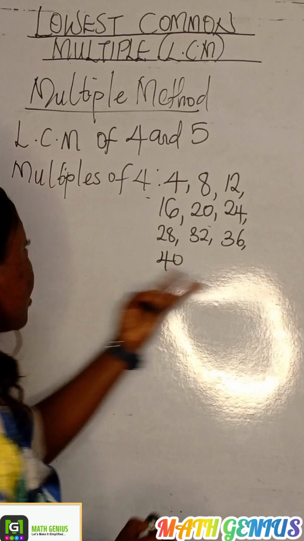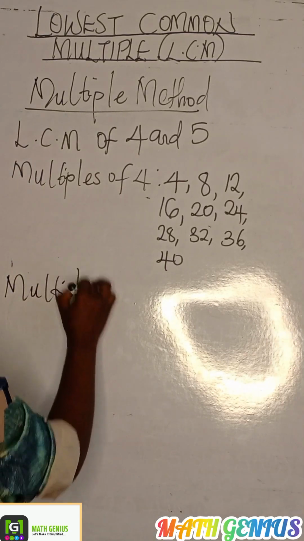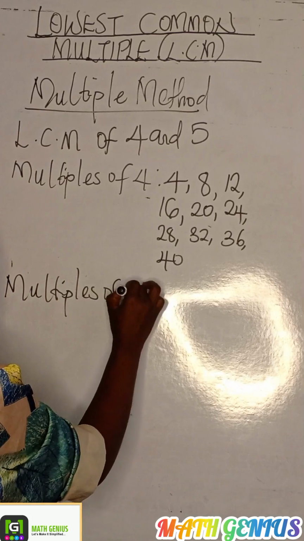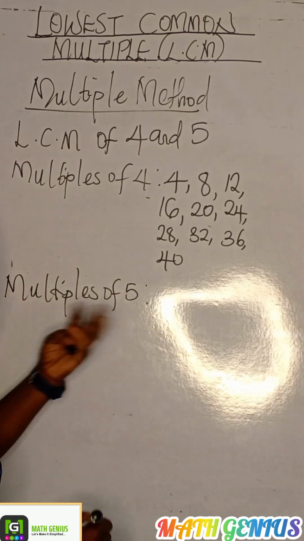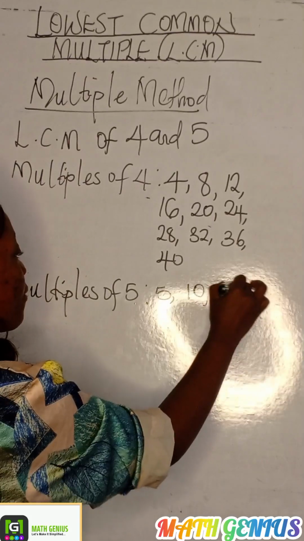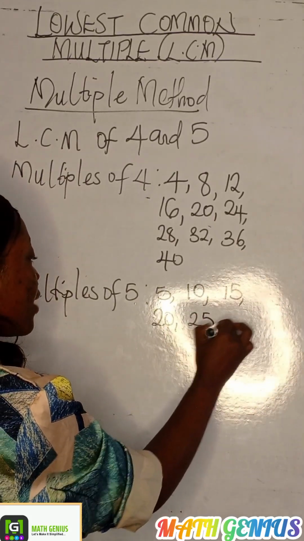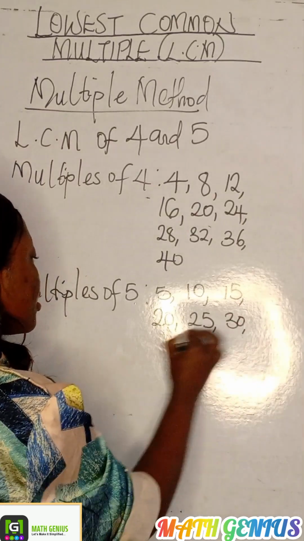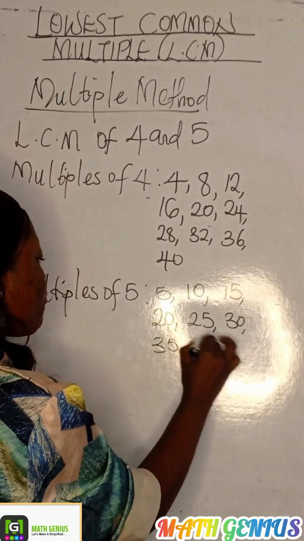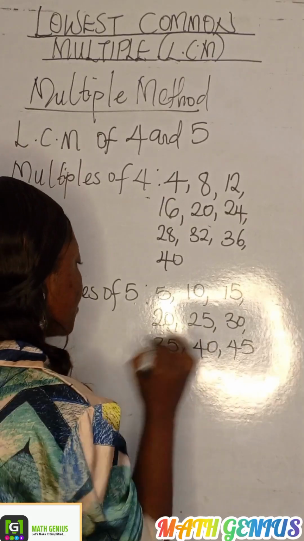We do the same thing for the multiples of 5. We have 5, 10, 15, 20, 25, 30, 35, 40, 45, and 50.